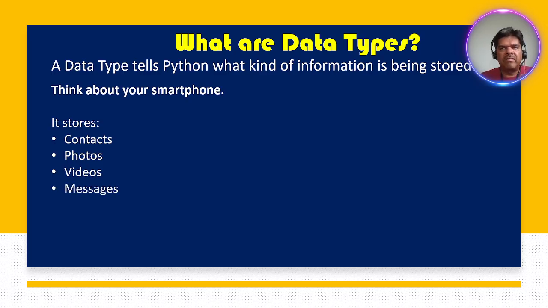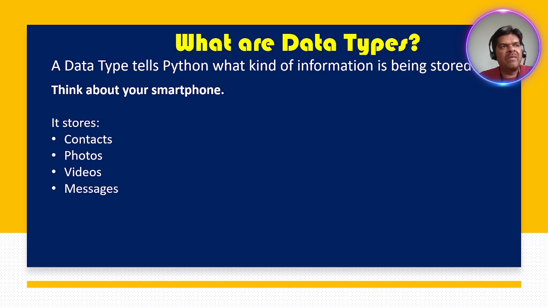These are all not the same format, right? Contacts and messages you can call string or text formats. But a photo is not a string, not text. Video, no. These are different types of data. These are data only, but different types of data.